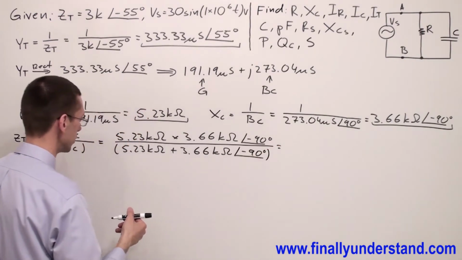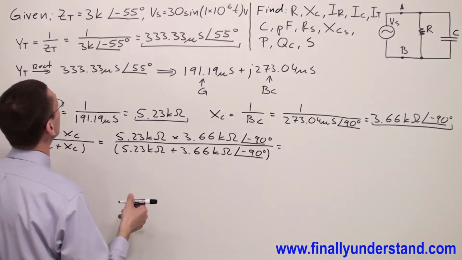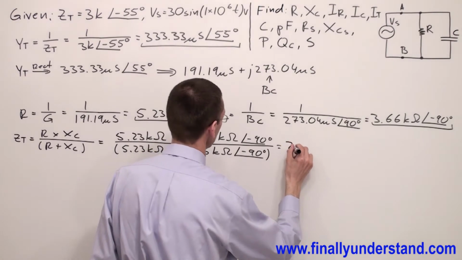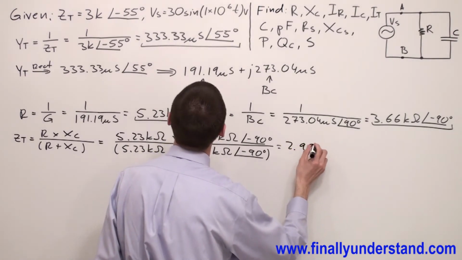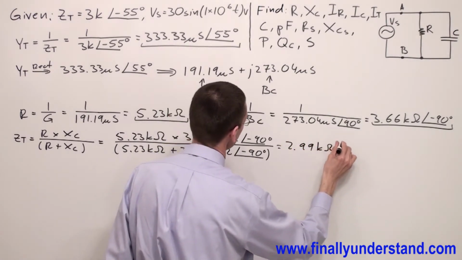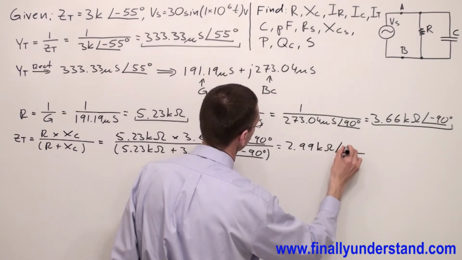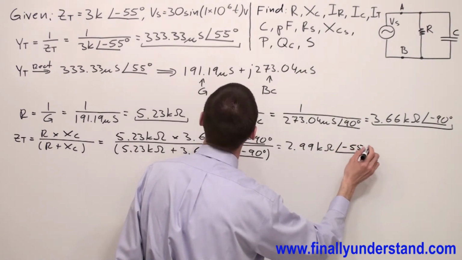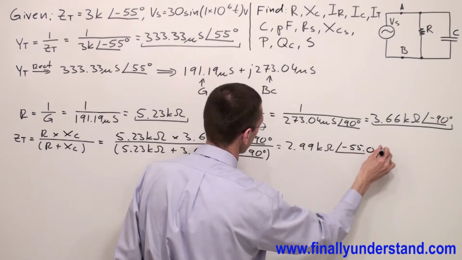Use the calculator and you're supposed to obtain the value of 2.99 kilohms and angle of negative 55.01 degrees.